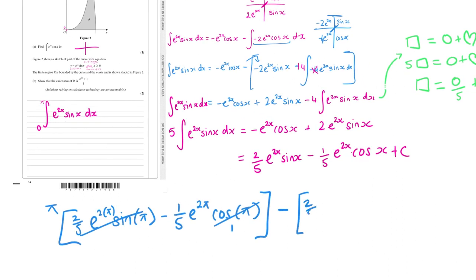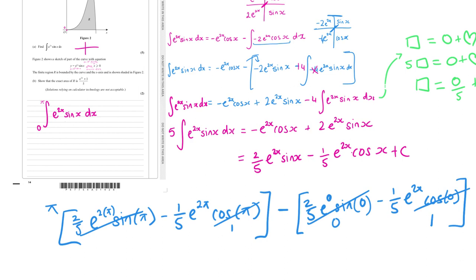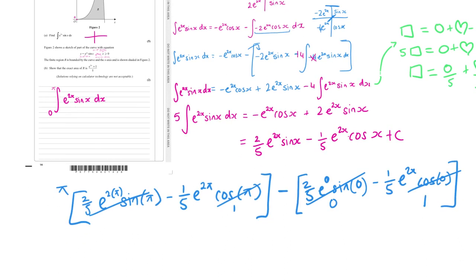Then we're going to get 2/5 e to the 0. What's sine of 0? Sine of 0 is 0, so that becomes 0. Minus 1/5 e to the 2x cos of 0. What's cos of 0? 1. So I now get minus 1/5 e to the pi plus 1/5 e to the 2 pi.